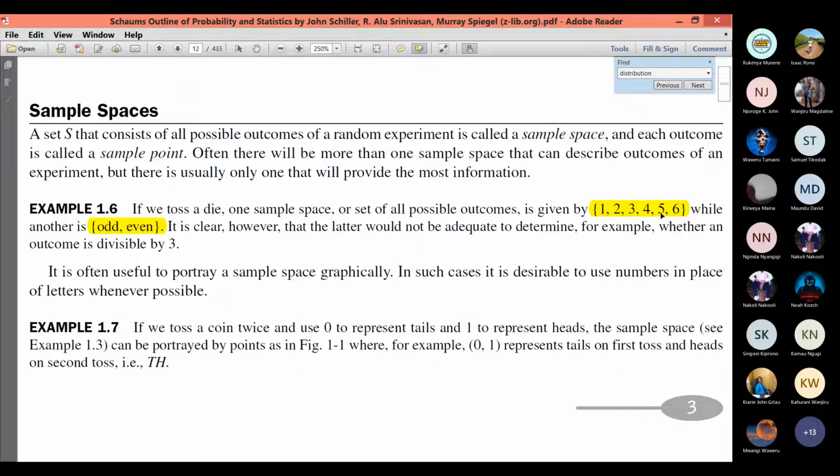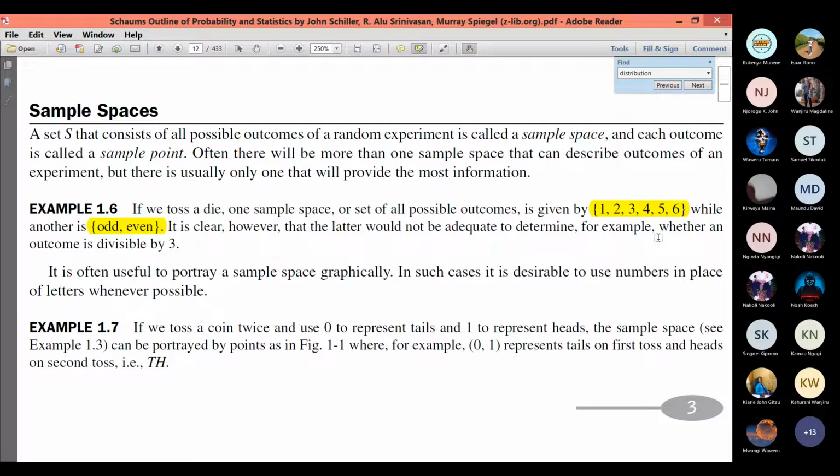From here you can even find the probability of getting an even number, the probability of getting an odd number, the probability of getting a number less than 4, the probability of getting a number which is divisible by a certain number like 2. And then you can also even do sums and many other things. So you can gather more information from a sample space that gives you all the possibilities like this one.